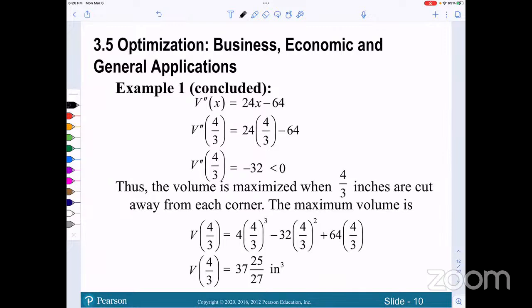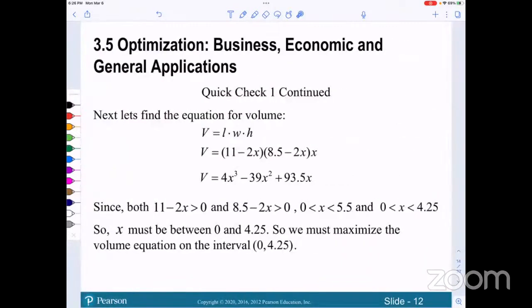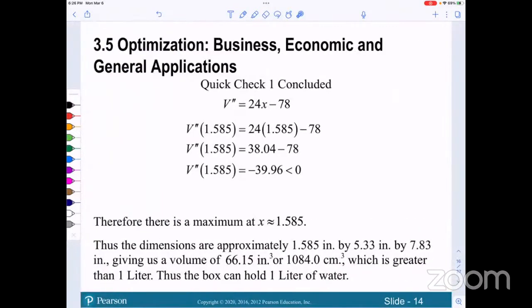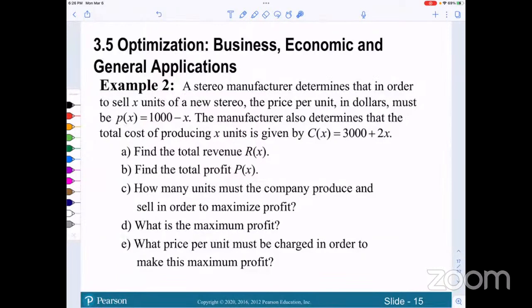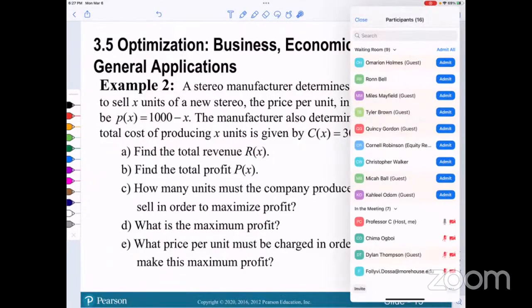Okay, quick check, and let me get these guys here. Okay. Oh, that's a good amount. All right, let's see. Oh no. Ow, ow. Let's get the student. Okay, this one.